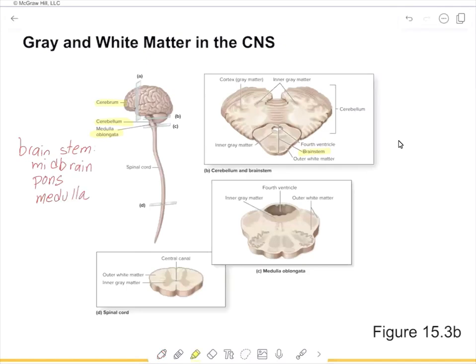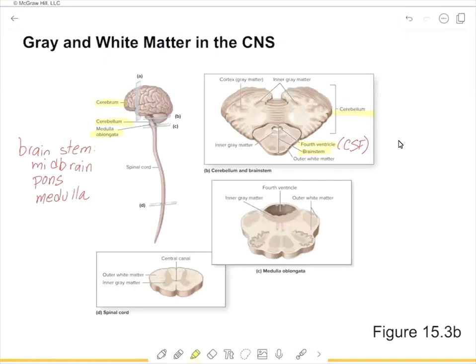So in the cross section of the cerebellum, we can see the fourth ventricle, and the fourth ventricle is what contains cerebrospinal fluid. Within the central nervous system, specifically the brain, there are a group of four ventricles, which are open spaces where cerebrospinal fluid flows.